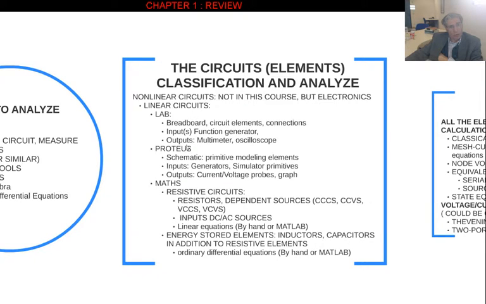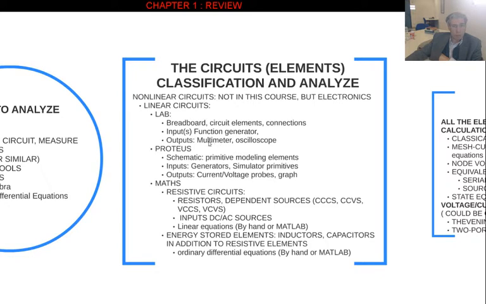The other analysis tool, as we already said, was Proteus. We have seen this. In Proteus, how we do the analysis: you have to draw the schematic first, using the primitive modeling elements. These are the elements that we use in theory. And then we use inputs, generators, simulator primitives, which are subjects in this Proteus tool. For the outputs, the tool that we use in Proteus is the voltage and current probes.